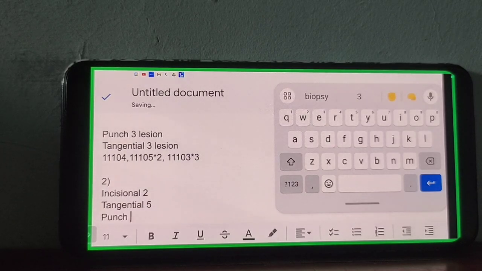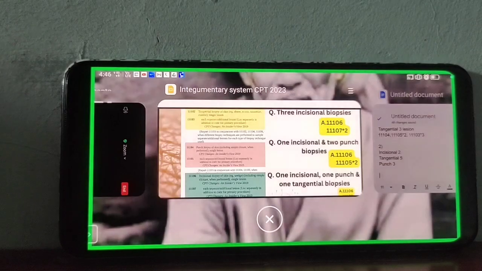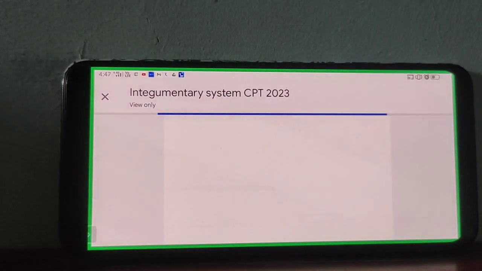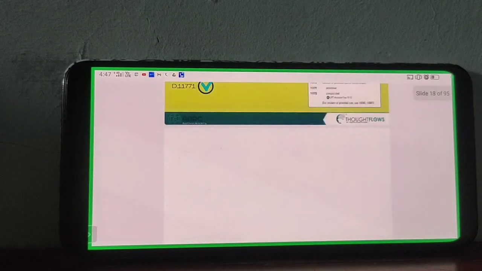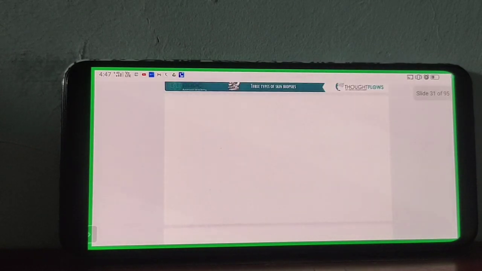Now comparing these 3, which one is the highest? Incisional. What are the codes for incisional? 1106, 1107 into 1. Triple 106 and 1107, am I right? These are incisional.